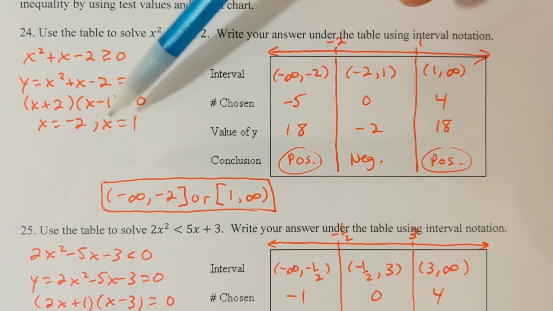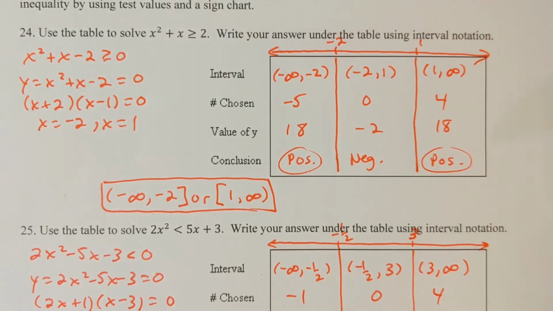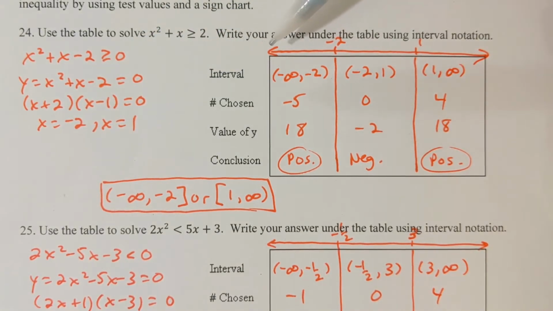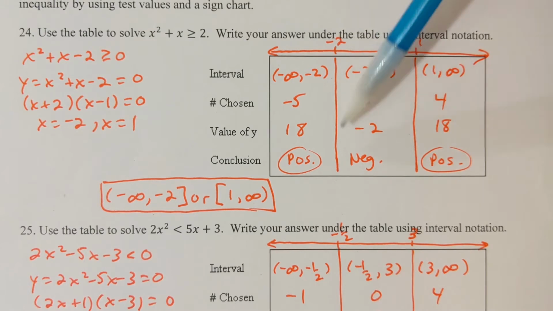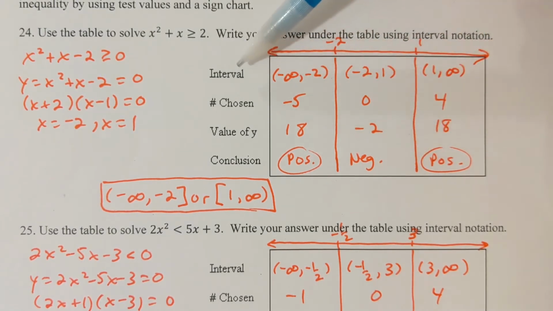Okay, now these two numbers are called critical numbers. And I'm going to place them above this table here on the number line in order, and that's going to split the number line into 3 sections. I'm going to be splitting the real number line into 3 intervals. So in this first section, I'm representing all the numbers that are less than negative 2.